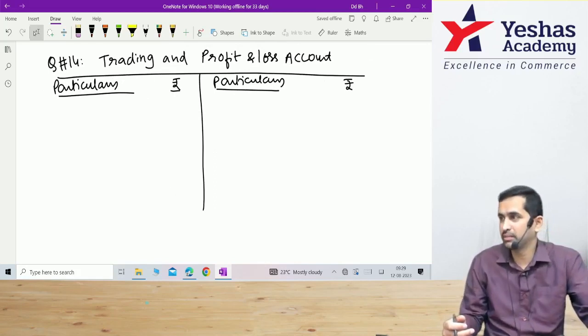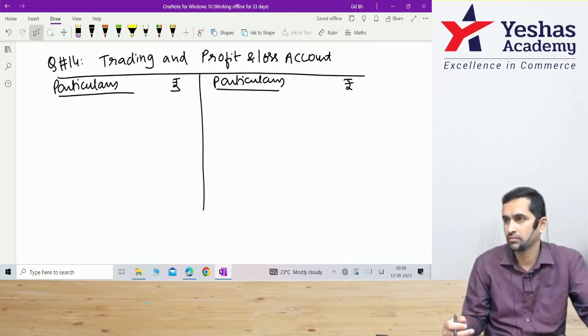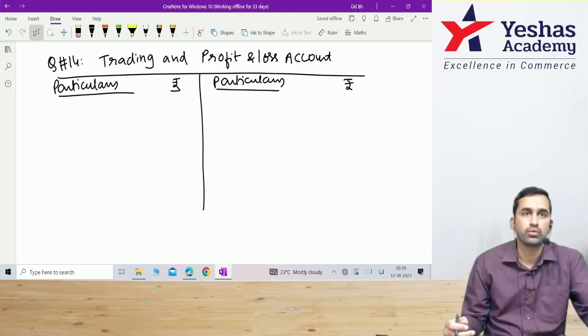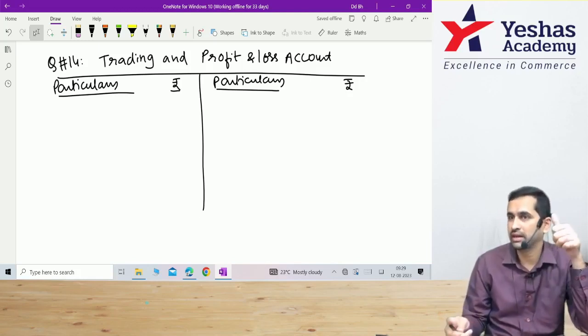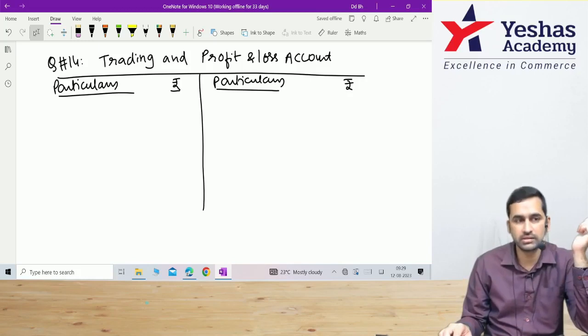Is there any number that I can fill directly in P&L? No, the only number available is fixed asset. From there I can start filling one by one. Now the next question is, how much space do I have to keep? See, on the credit side we have sales, debit side there is GP, and then there is NP.